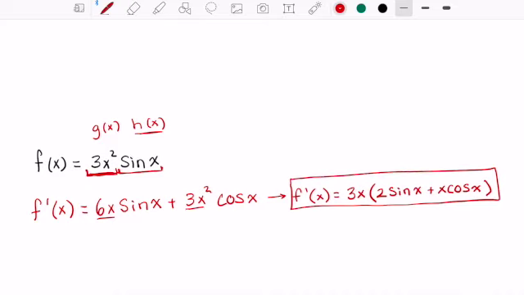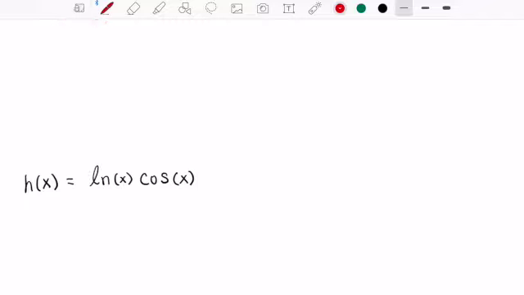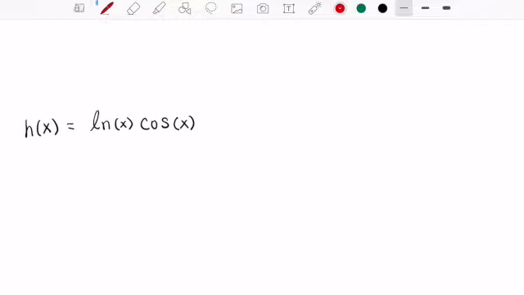All right, so let's look at one more that may be a little trickier, but still follows the same guidelines. All right, so here is my first standalone function. Here is my second standalone function. And we have two different functions coming together and multiplying. Thus, we know it's the product rule.